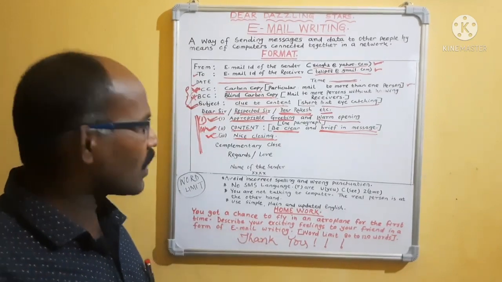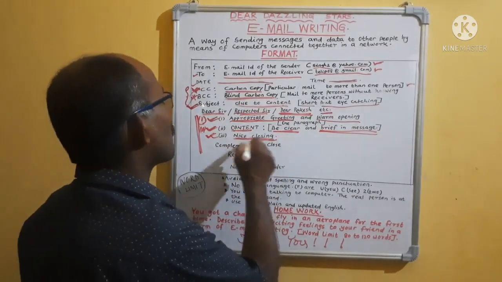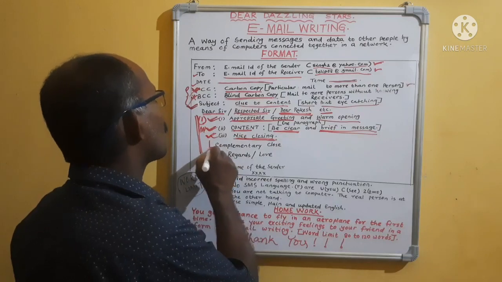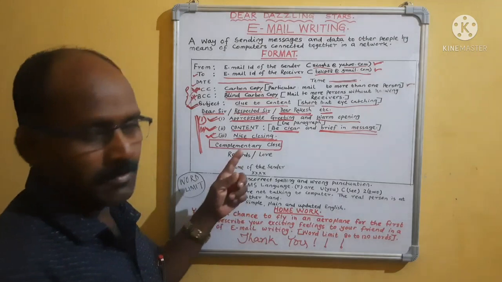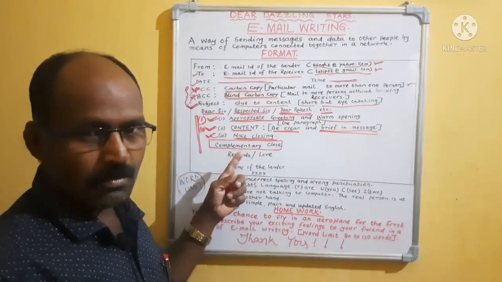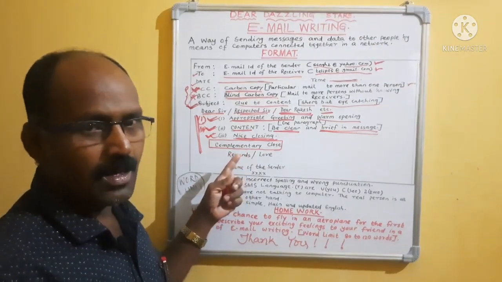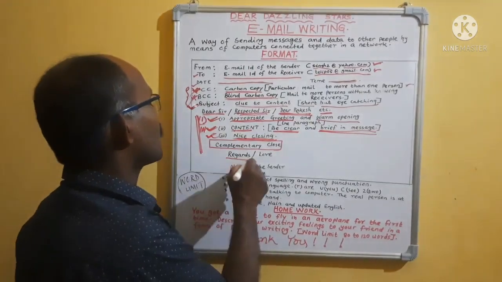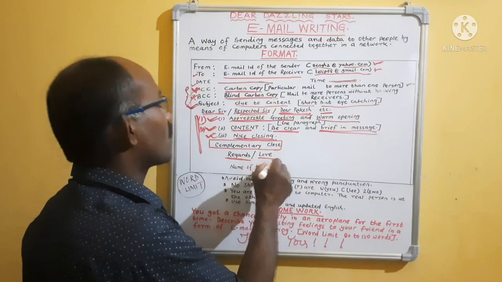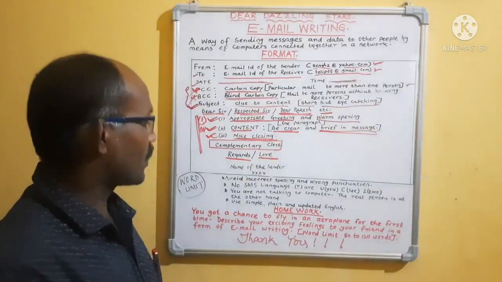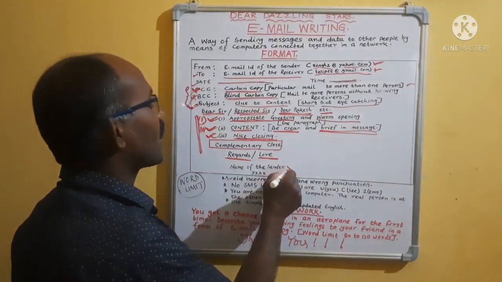In this way, you will close it. After closing, what will happen? A complimentary close. I have already told you about complimentary close. If you are writing to the boss, authority, for official purpose, then you can write regards. If you are writing to a friend or younger brother, you can write love. Okay. After that, the name of the sender.